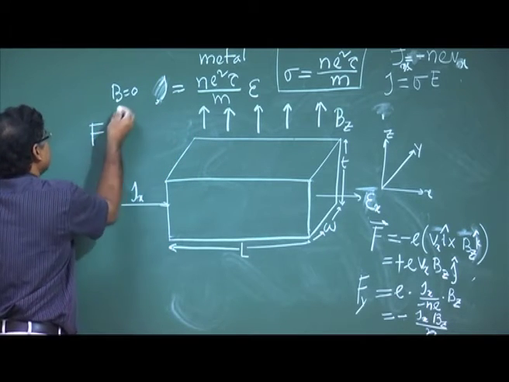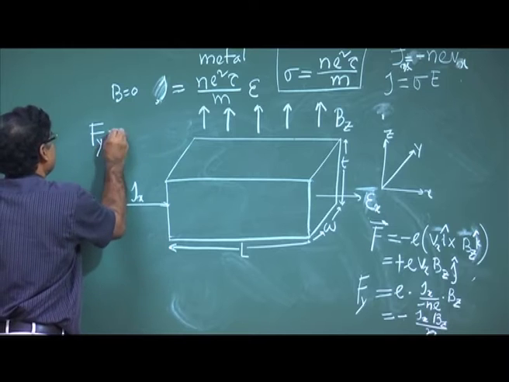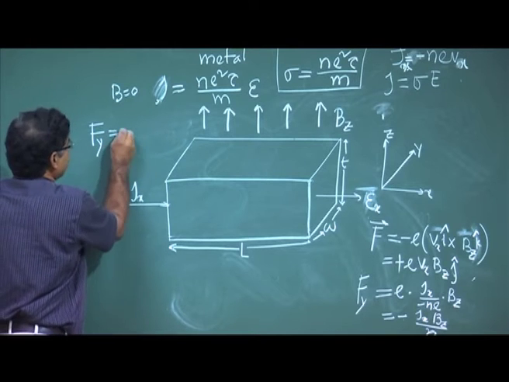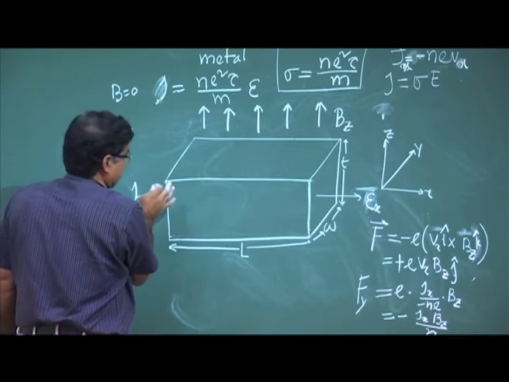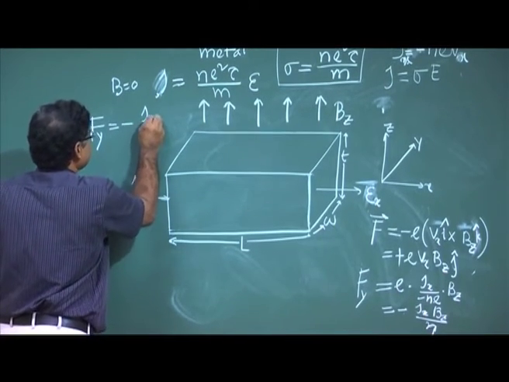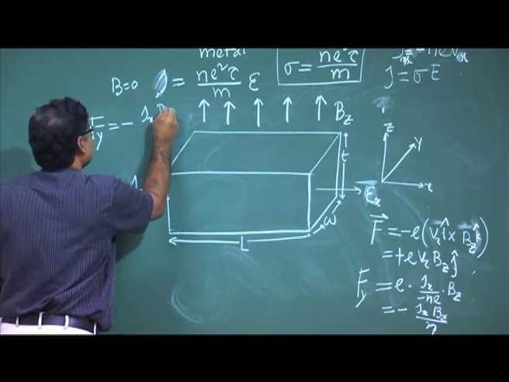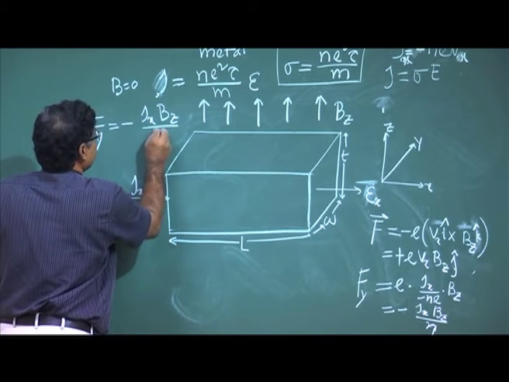Due to this magnetic field, I am getting a Lorentz force acting on the moving carrier along the y direction: minus J_x B_z by n.